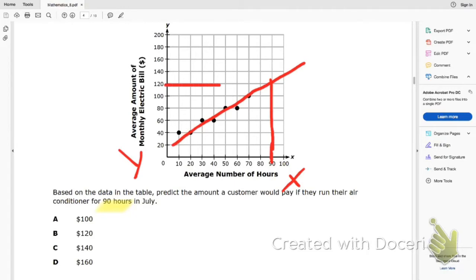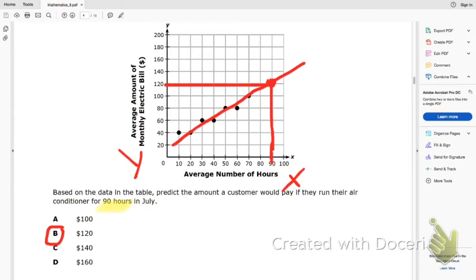So I draw a line over here on 120. It's pretty apparent that it intersects right there. Now looking at my answer choices, it should be no question which one's correct. The answer is B.